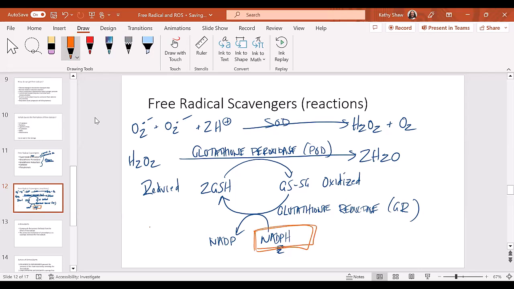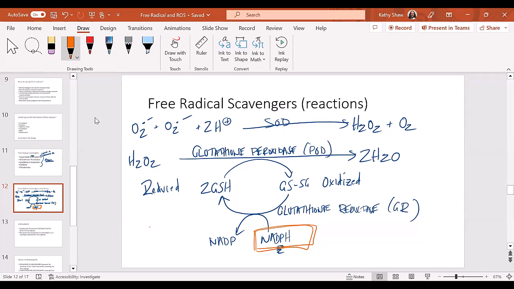We're actually starting out with glucose, and we'll go through some reactions to make our NADPH. We're going to see our NADPH used in a couple of different places. Keep in mind, it's NADPH, not NADH. They're two different molecules.